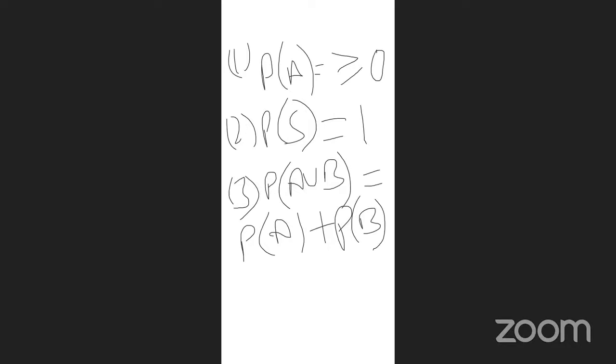Let us say the first is the addition theorem. Under the addition theorem, we have the probability of A union B is equal to the probability of A plus the probability of B. This relates to independent events.